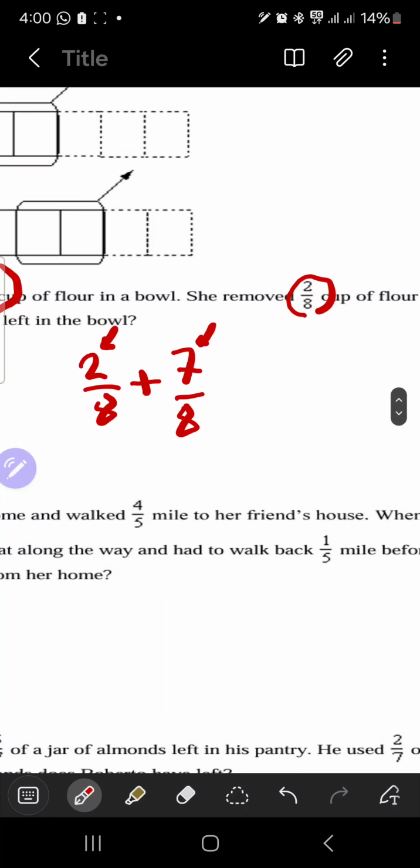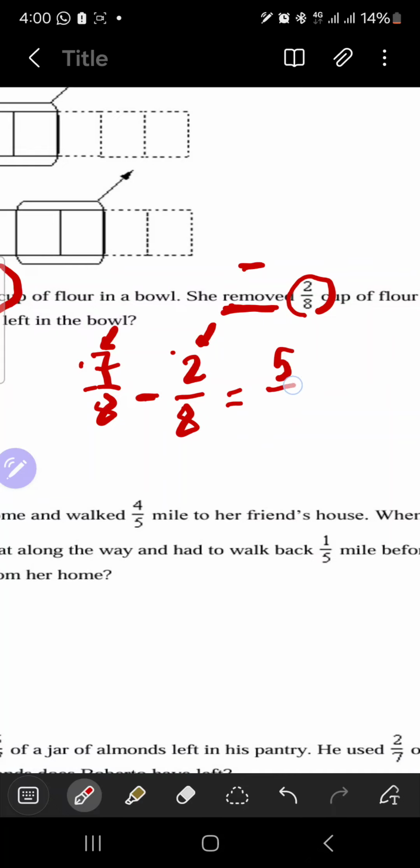That's only if we're adding. But before we do that, we look at the word removed. To remove means what? Minus, right? So we don't add. In this case, we remove. Then do the big minus the small. So 7 minus 2 equals 5/8.